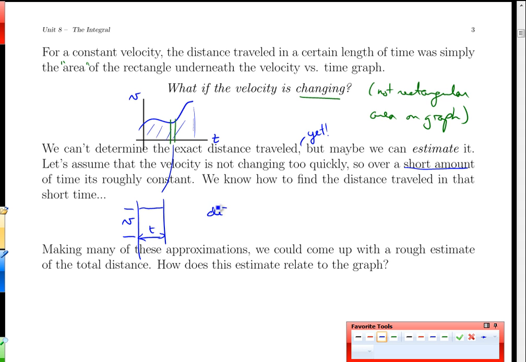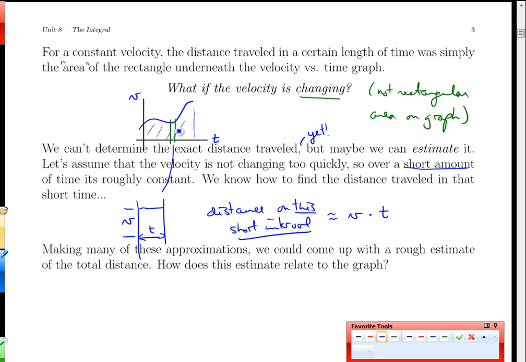Then the distance on this short interval is approximately velocity times time.